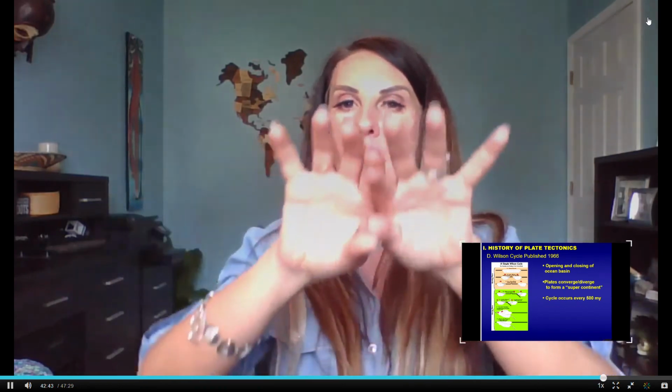And then once you start to have the spreading of a divergent plate boundary, that divergent plate boundary must end at a convergent plate boundary or subduction zone. And so you're opening and closing that basin. And as you're opening and closing that basin, you're creating a supercontinent. So you're pushing all that land mass together.